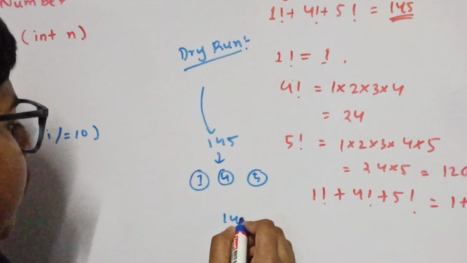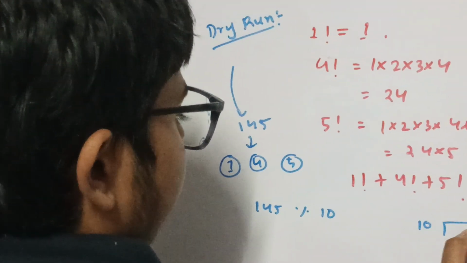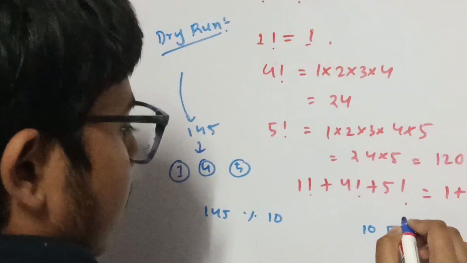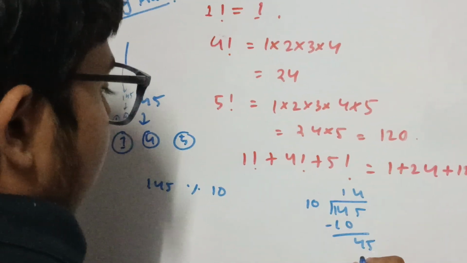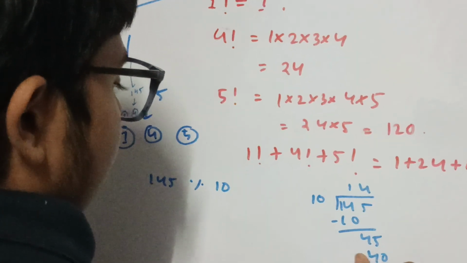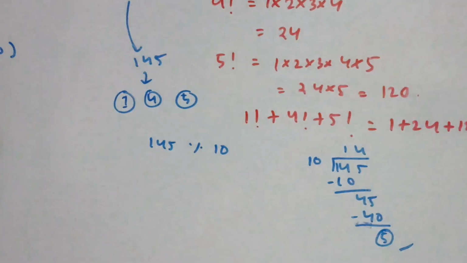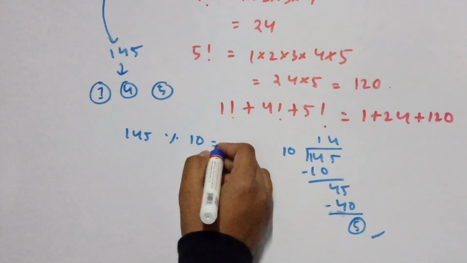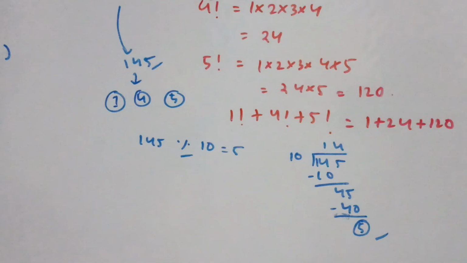How? When you perform modulus division of 145 by 10, you will get 5 as the remainder, which is the answer of this modulus division, and that is your last digit.